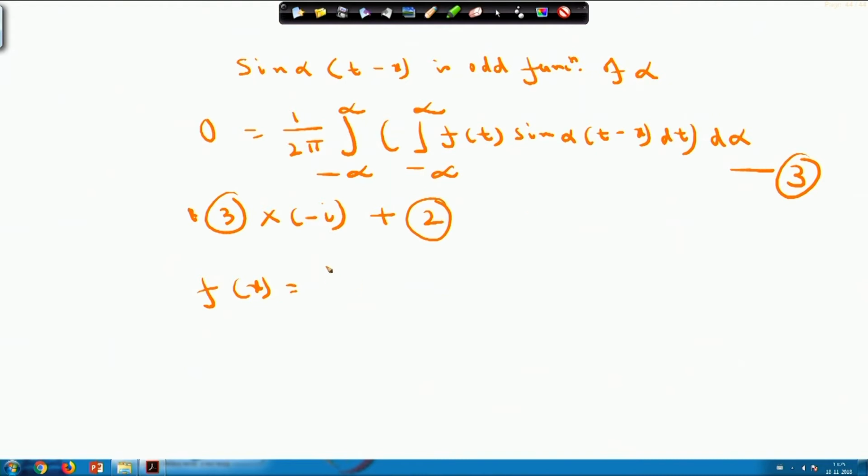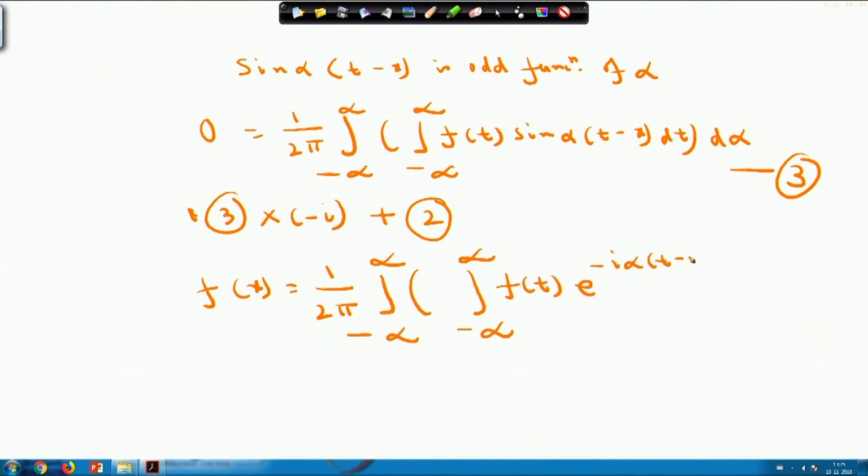So, these two together will be 1 by twice pi, integral from minus infinity to infinity, f(t) into e power minus I alpha into (t minus x) dt into d alpha. So, it is equation 4.